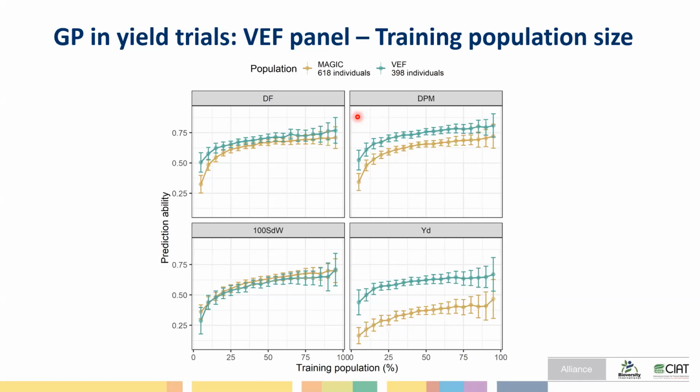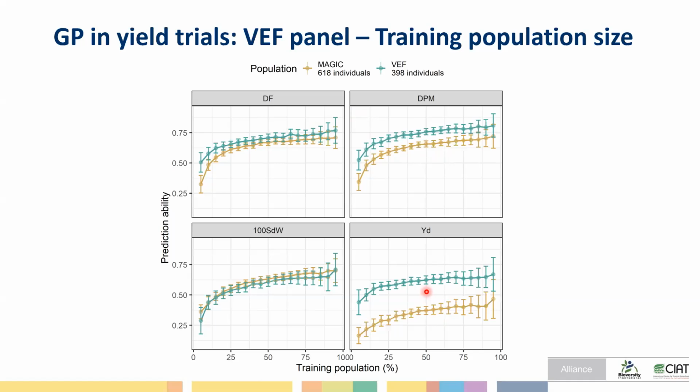Okay. Later, we analyzed the different sizes of the training population and its effect on prediction ability. Here on the graph, we found that using a training population size greater than 50%, the prediction was stable in both populations. In all traits, you can see here, here, and here that the curve is stable in this part.